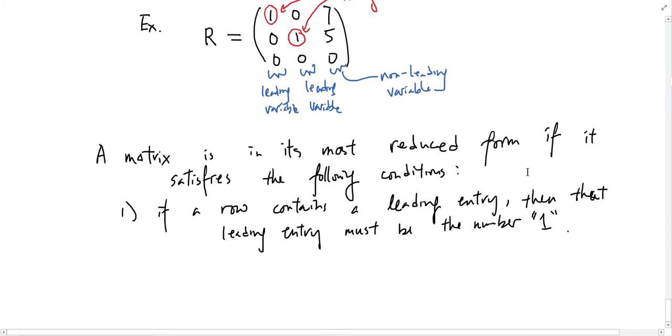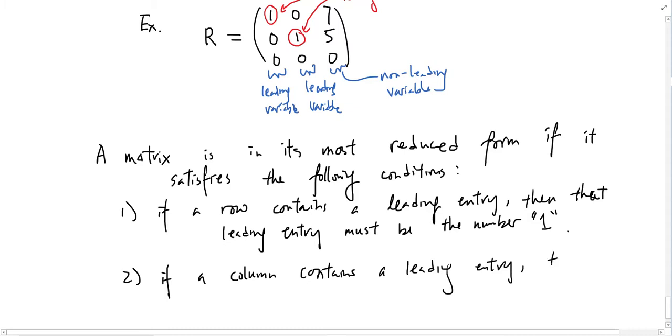Okay, second condition. If a column contains a leading entry, meaning that if a column is a leading variable column, then other than the leading entry, which must be 1 by the way, the rest of the column must be all zeros.